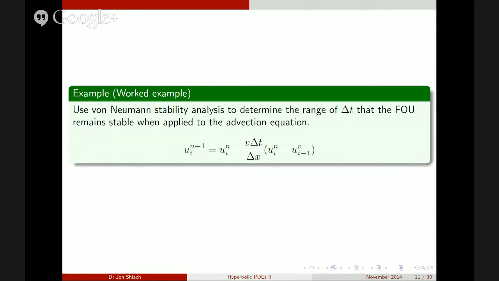Okay, and if we do the same on this side, I'm going to replace v delta t over delta x with c, just for simplicity. Then we have u_j, that's e to the at multiplied by e to the i kjx, minus e to the at multiplied by e to the i k(jx minus delta x).